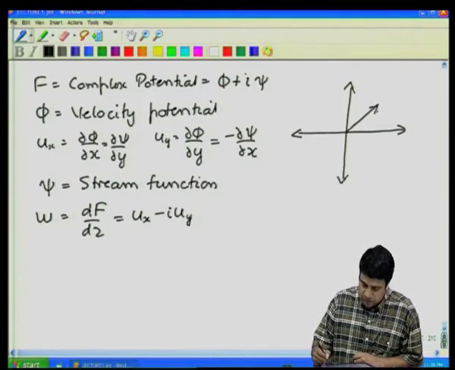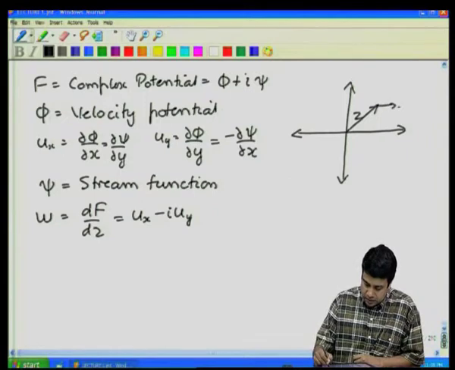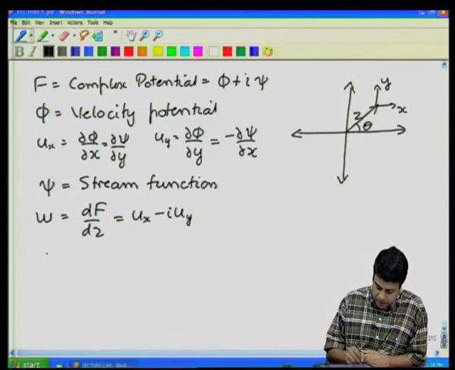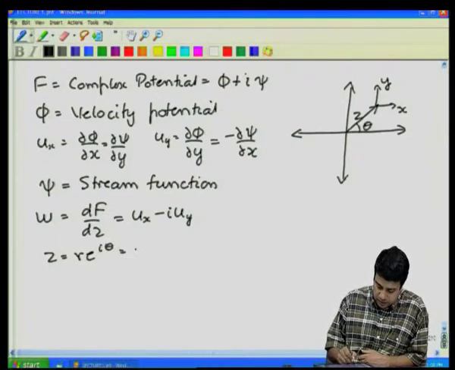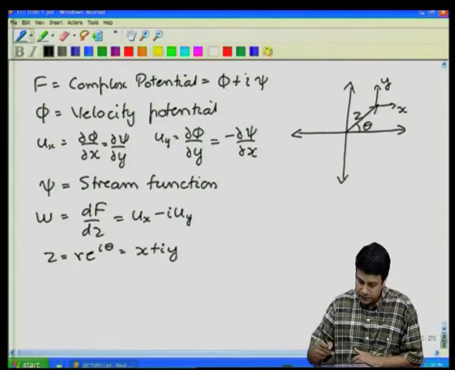Okay, so if I am at some location z, this is x, this is y, this is theta, and we know that the complex number z is equal to r e power I theta, which is equal to x plus I y, where x is r cos theta and y is r sin theta. Okay.